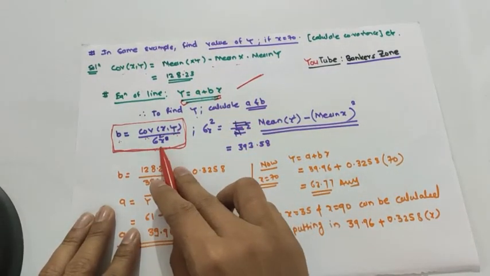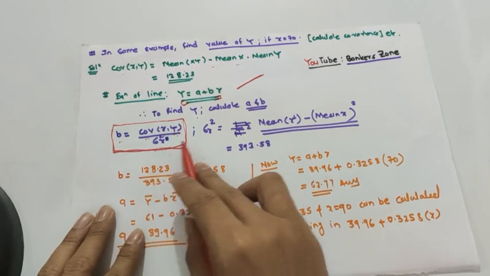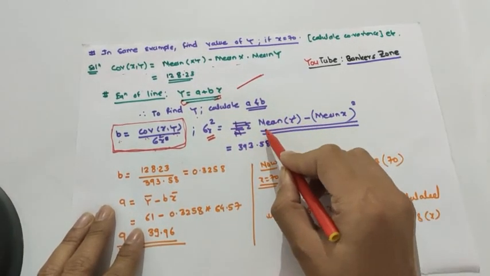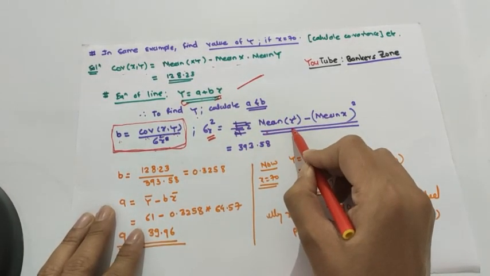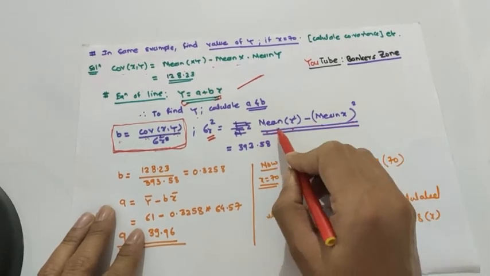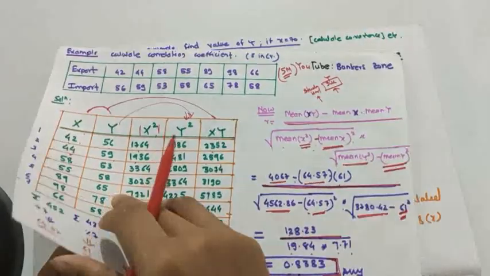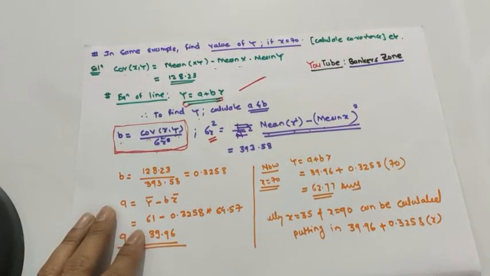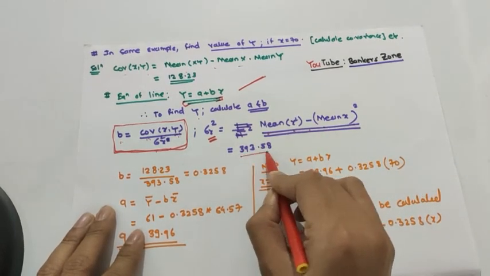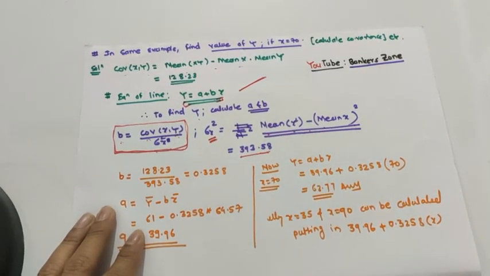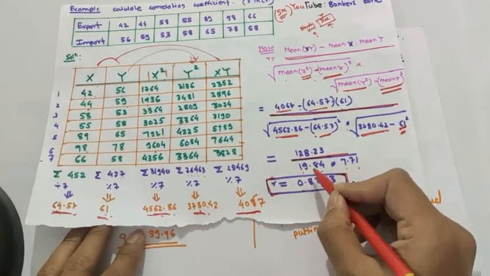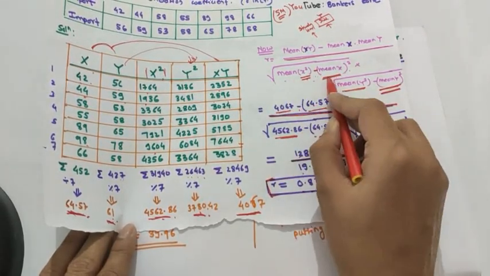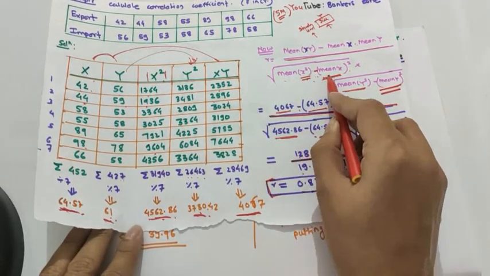Now we have to find sigma square x. What is sigma square x? It is the standard deviation of x square, that is mean of x square minus mean of x bracket square.